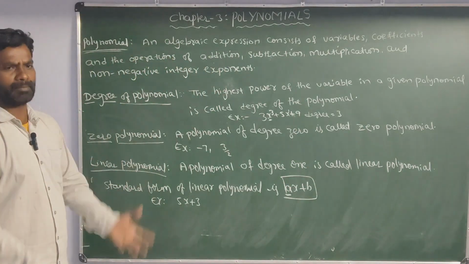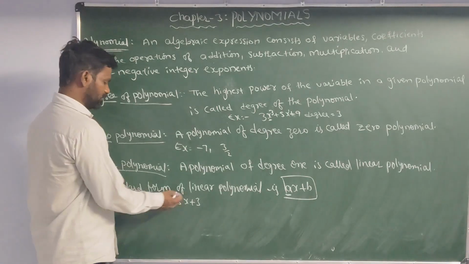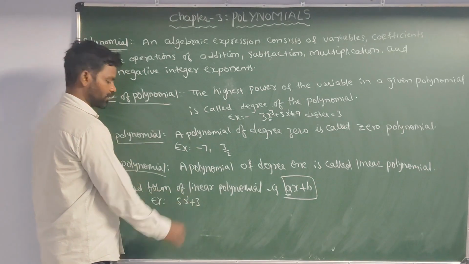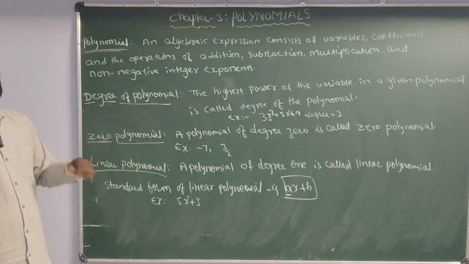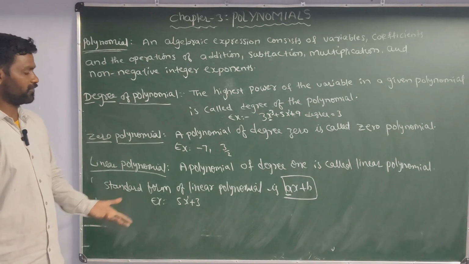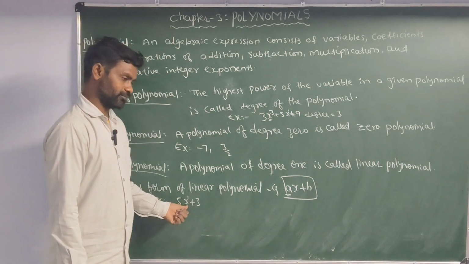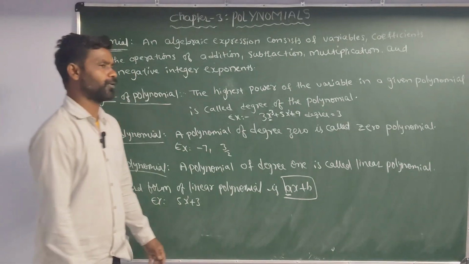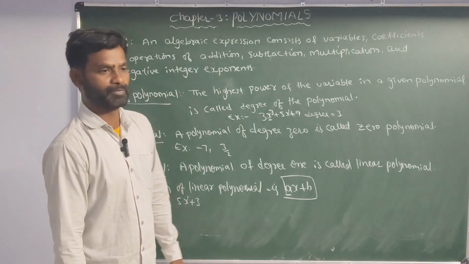You can write any number of examples. Why are we calling this a linear polynomial? Because x is a variable whose power or degree is 1. That's why it is called a linear polynomial, and the standard form is ax plus b.